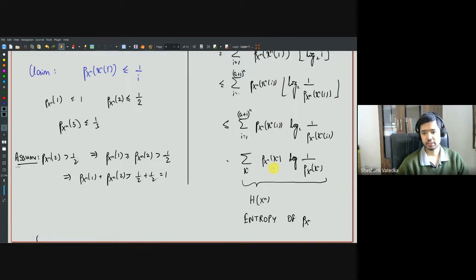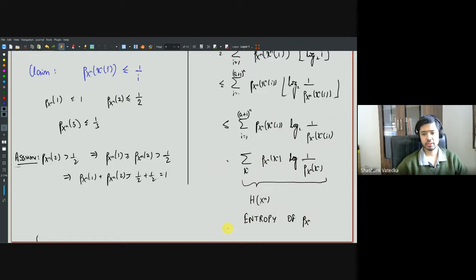Okay, and this quantity over here, we are going to give it a special name, it is the entropy, which we saw in the very first class, right? So it is the entropy, and this is going to be a measure of how much information the sequence contains. Okay, so this connects the entropy to the information content of the source, or the entropy to the compressed length.